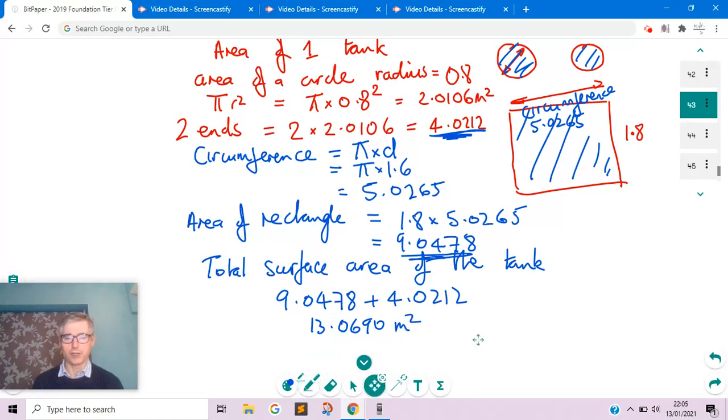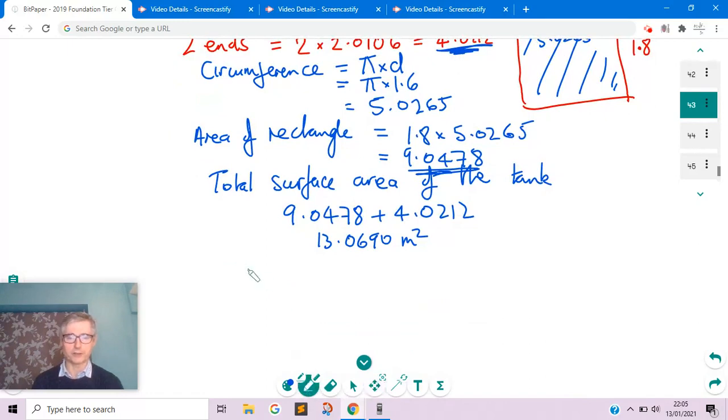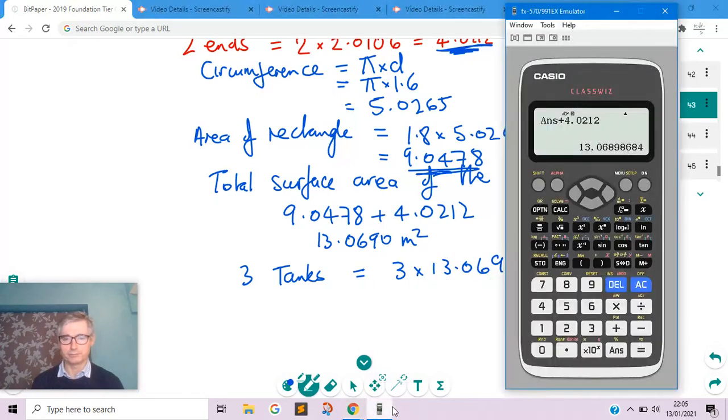But we've actually got 3 tanks. So 3 tanks is going to be 3 times that figure. 3 times the 13.0690. And I'm just going to use the figures on the calculator though, because it's more accurate than using the one that I've rounded up there. So just times that by 3.